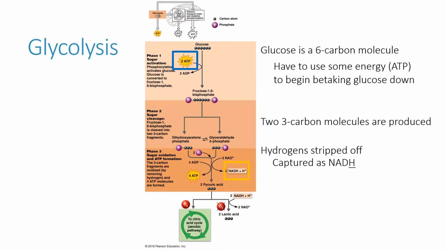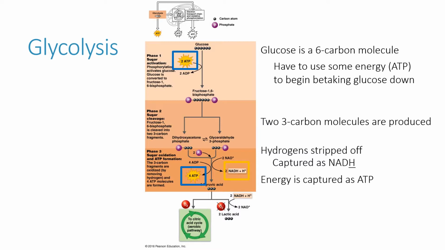Those hydrogens are captured as part of another chemical called NADH. The H tells us it's attached to some of those important hydrogen atoms. As we strip those hydrogens off, though, a little bit of energy is released, and that energy is captured as a couple of molecules of ATP.